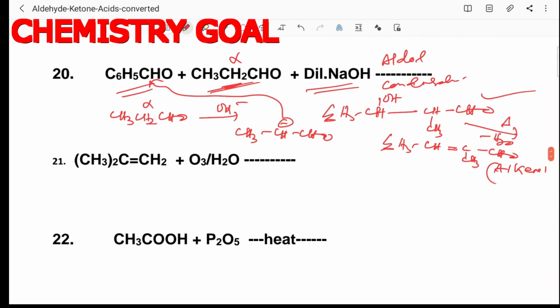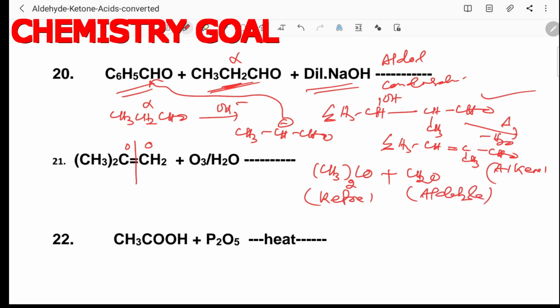Reaction 21 is very important. It is ozonolysis. We know during ozonolysis the double bond totally breaks and here oxygen will be added. And what is the main product? (CH3)2CO plus CH2O. This is one ketone. This is one aldehyde.